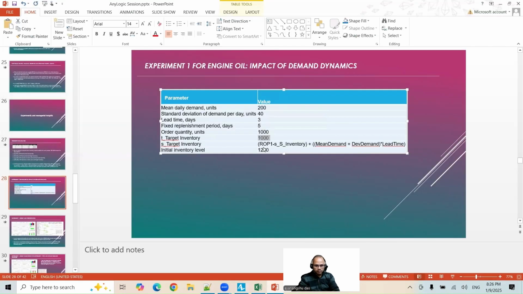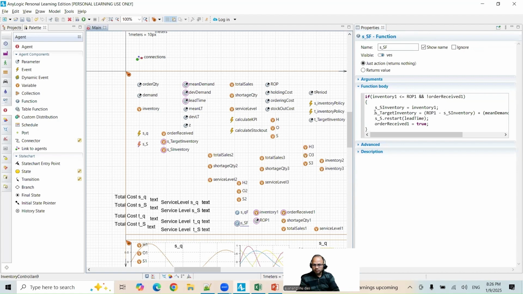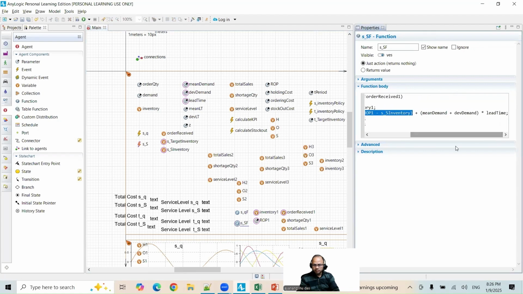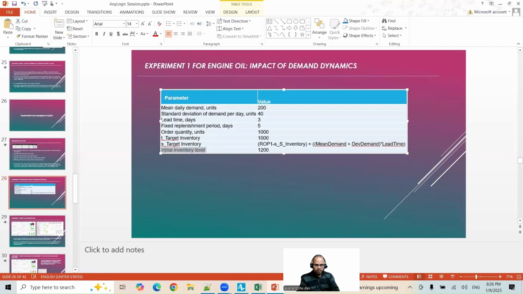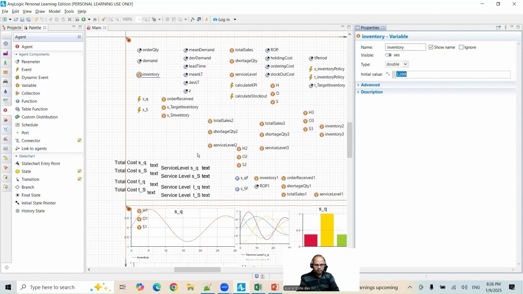For the SS policy, we calculate the target inventory likewise. And also the initial inventory level as 1200, so let's define the initial inventory as 1200.